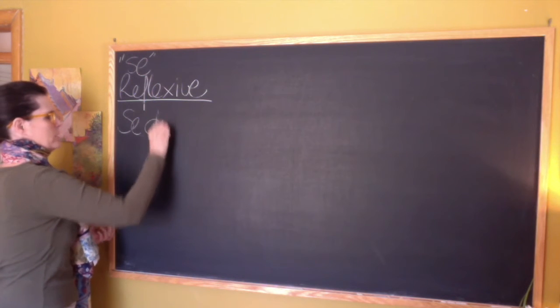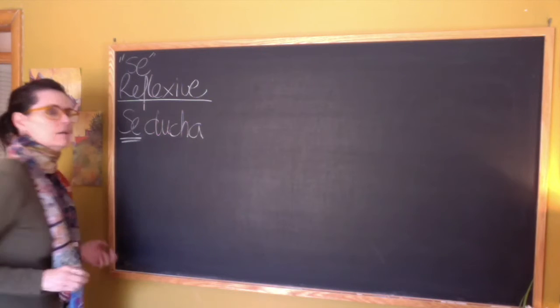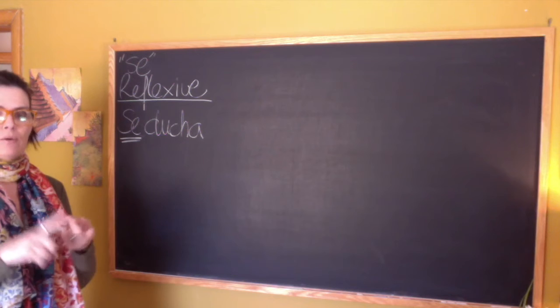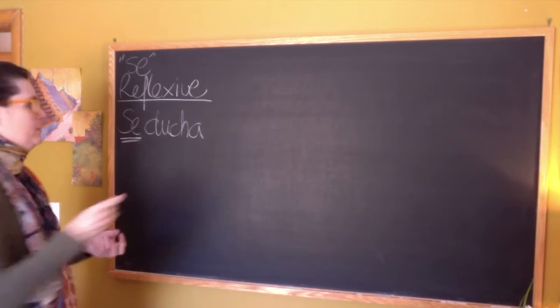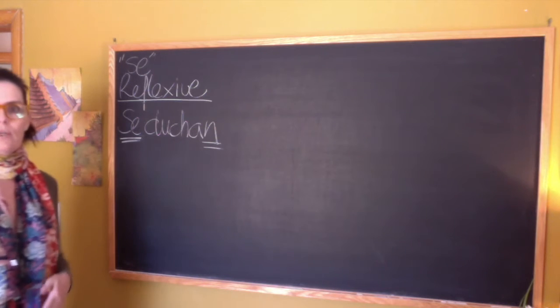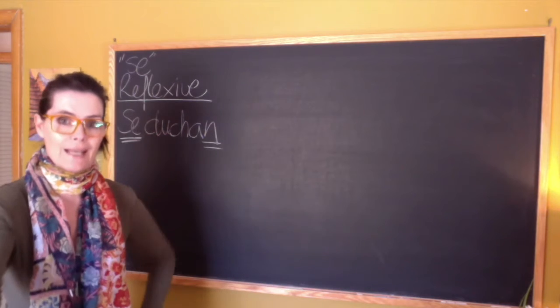Let's put here se ducha. And remember, let's just review, it could be he showers, she showers, and if it was se duchan, they shower. Usted se ducha, usted se lava las manos.